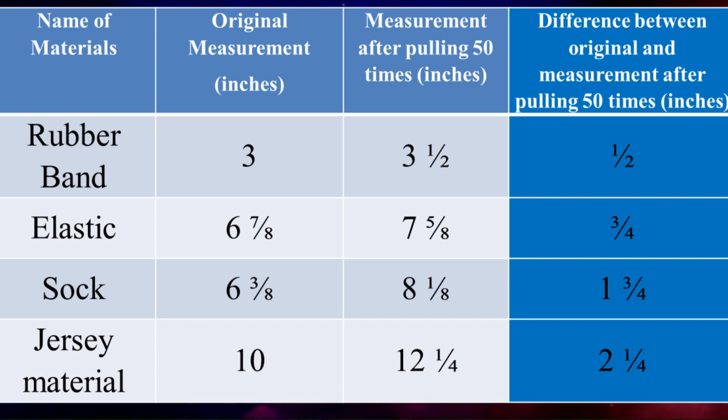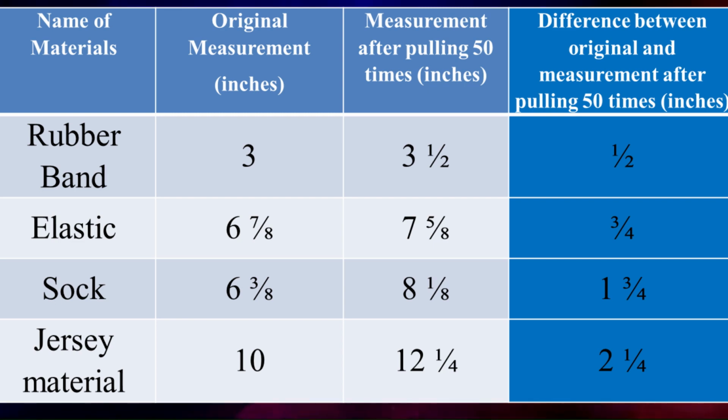It can therefore be deduced that the material that returns closest to the original measurement after force was applied, pulled 50 times, is the most elastic, and vice versa. Based on the findings of this experiment, the rubber band is the most elastic of the 4 materials examined, deviating by only 1/2 inch.